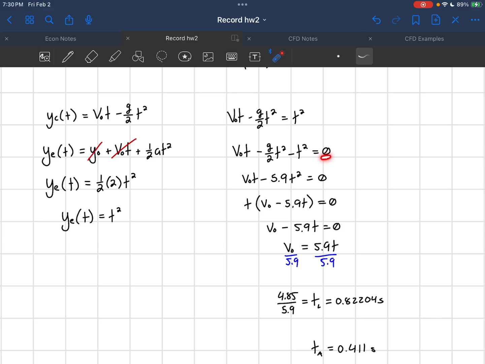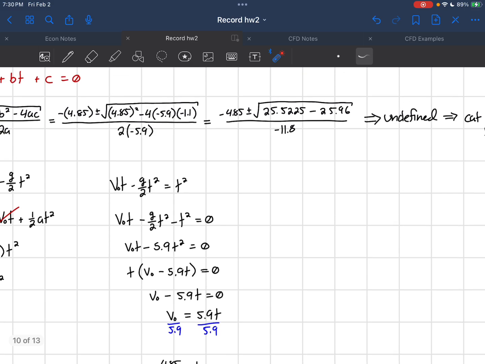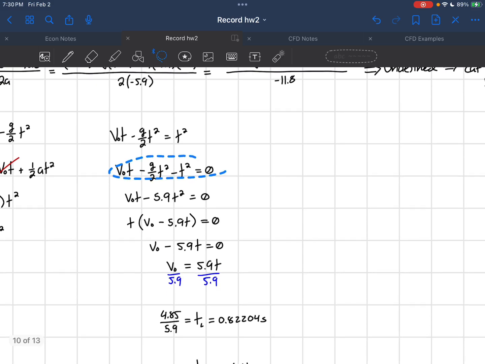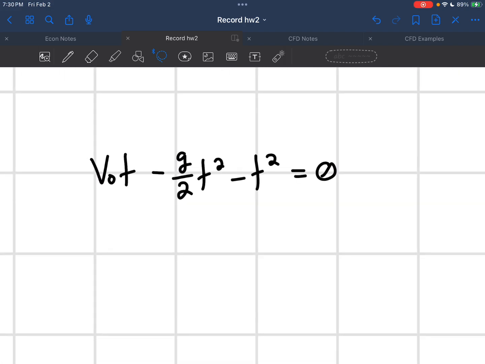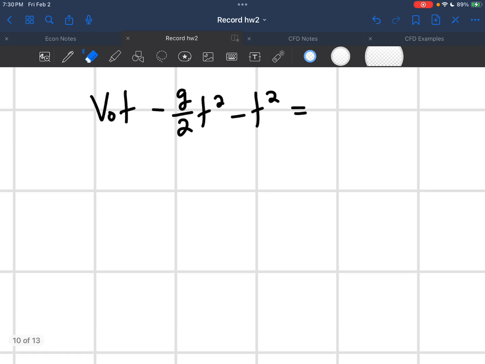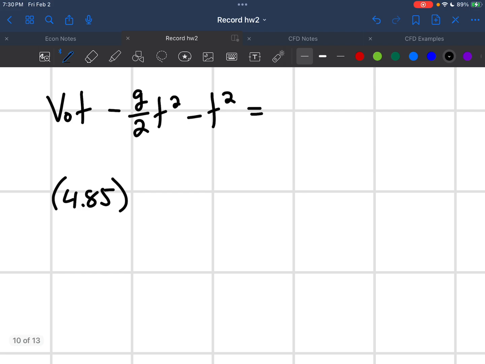So instead of setting this equal to 0, I want to find out what this is at 0.411 seconds. So I'm going to borrow that equation there. Instead of equals 0, I'm going to start plugging in my numbers. I'm going to use 4.85 for that initial velocity.